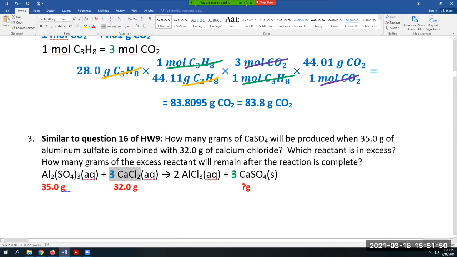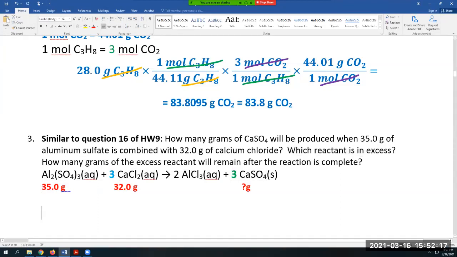So that's why we will need to convert each of these amounts separately. We will take these amounts as the given amount, and we will change them into grams of calcium sulfate. And we'll see which one produces the least amount. And that's how we will answer which reactant is the limiting one, and then which reactant is in excess.